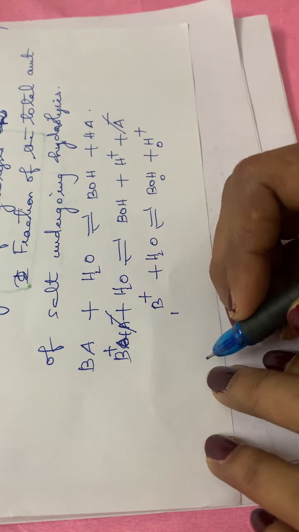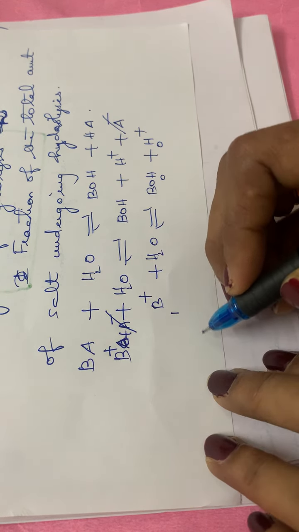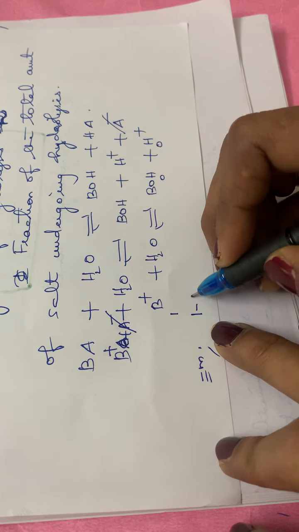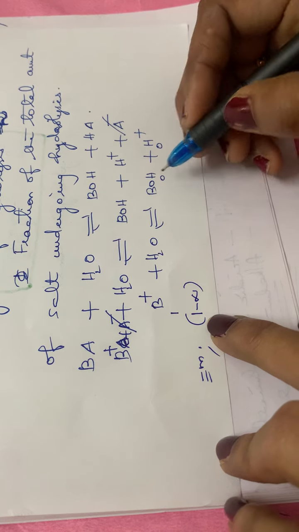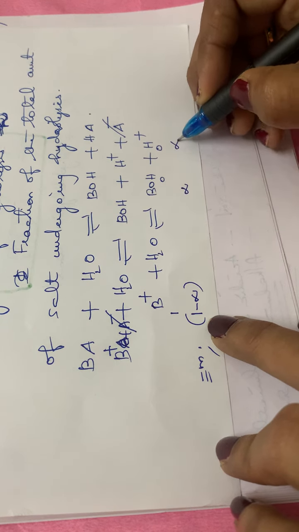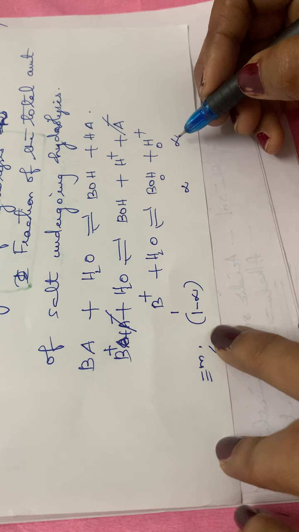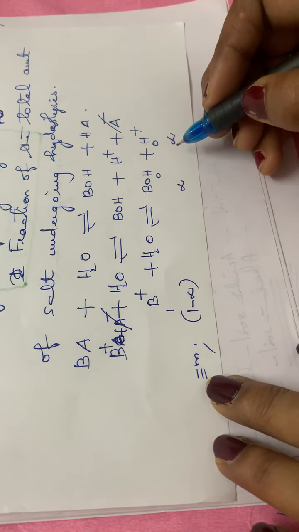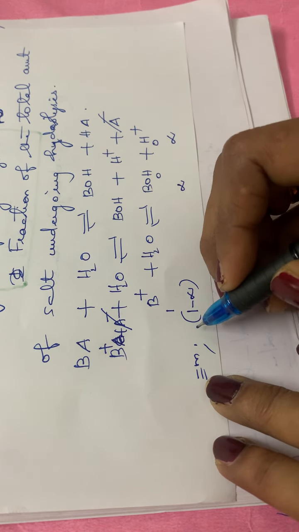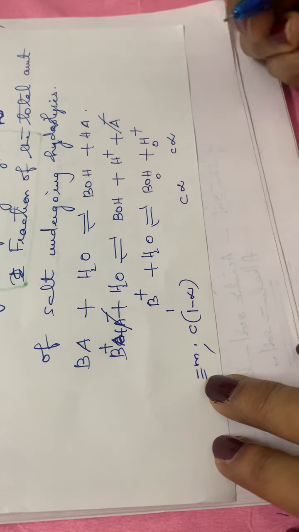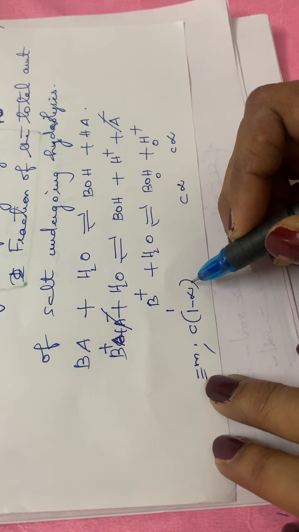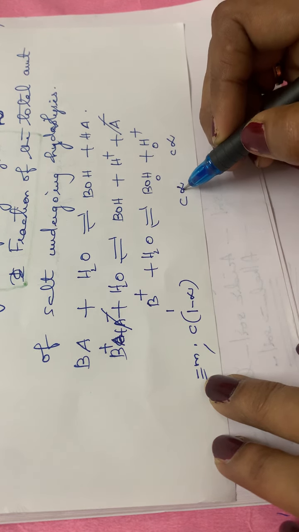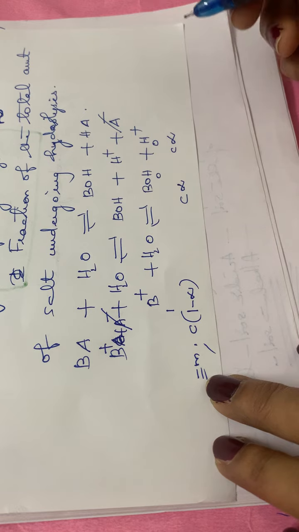So the concentration of B plus at equilibrium will be 1 minus alpha. BOH will be alpha and H plus alpha. Multiplying with the concentration, B plus at equilibrium will be C into 1 minus alpha, BOH will be C alpha, and H plus will be C alpha.